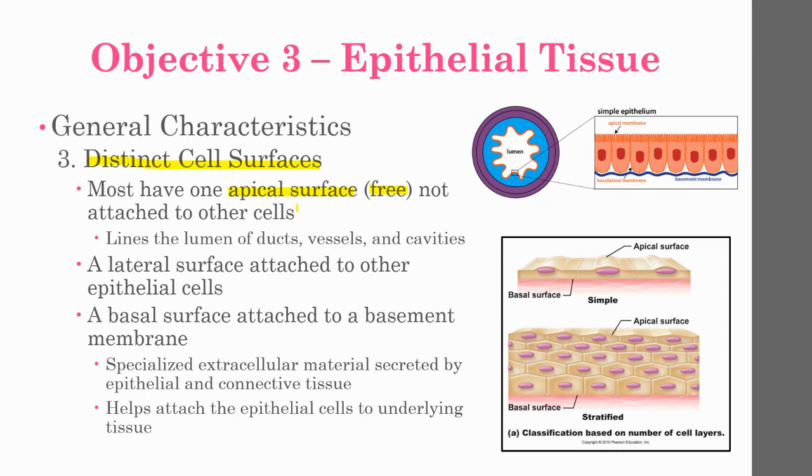In the case of our skin, it's going to be the outside layer where it's not attached. And then we're also going to have what's called the basal surface, which is going to attach to the basement membrane. So obviously the cells are going to have to attach to something, and a lot of times this attaches the epithelial tissue to the tissues below it. So one of your characteristics is the apical surface as well as the basal surface.